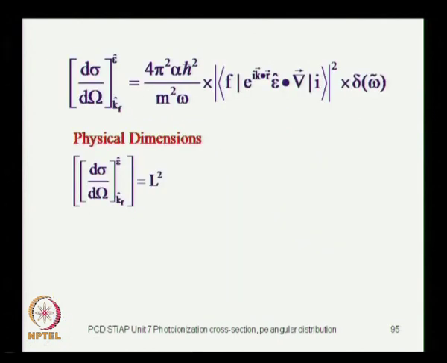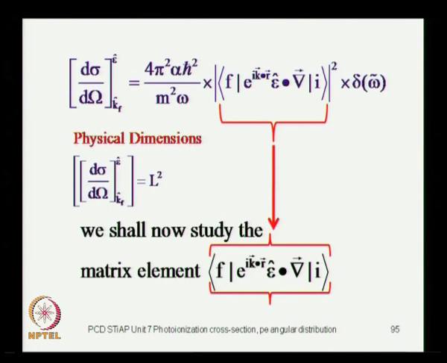So, this is where I will conclude today's discussion, that you have the expression for the differential cross section, and we will then have to discuss some specific aspects of this matrix element.